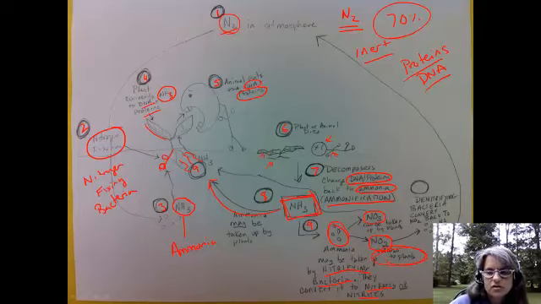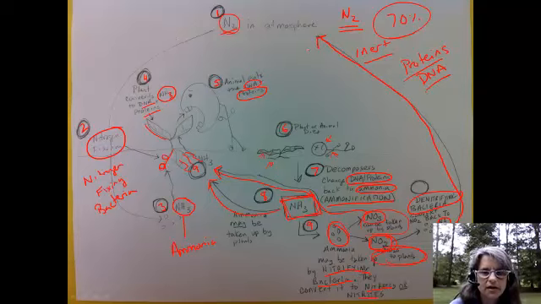Plants can take up nitrates, so this could actually go back up here to the plant and be used. NO2 cannot. So, NO2 would be a useless dead-end form of nitrogen if it weren't for denitrifying bacteria, which will take this useless NO2 and convert it back to nitrogen gas and then put that right back into the atmosphere where we originally got it.